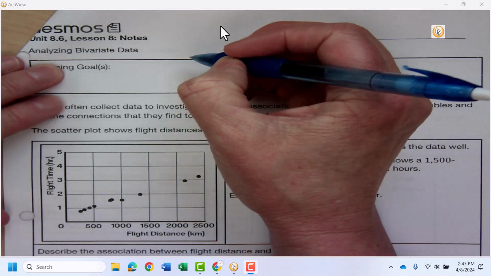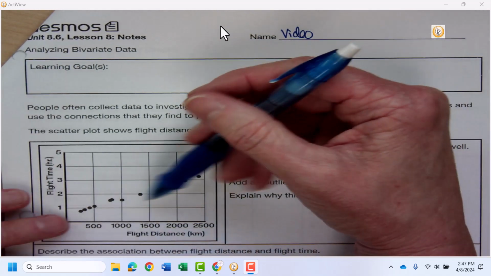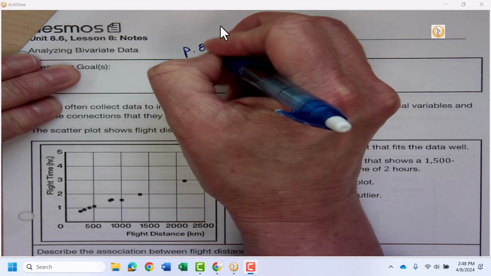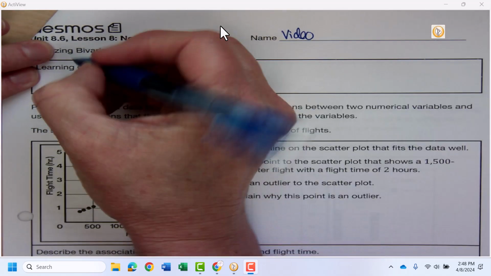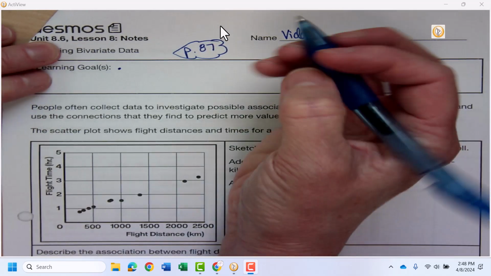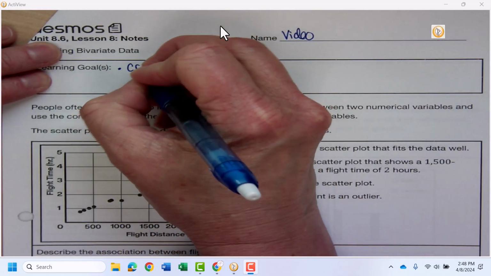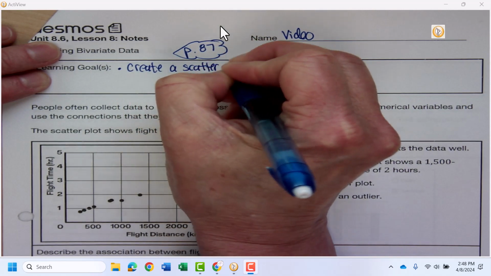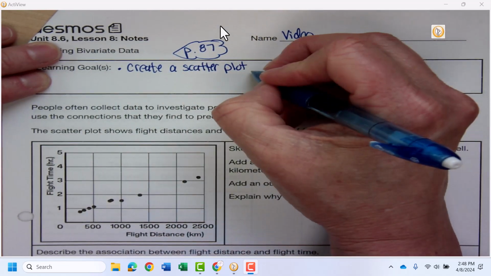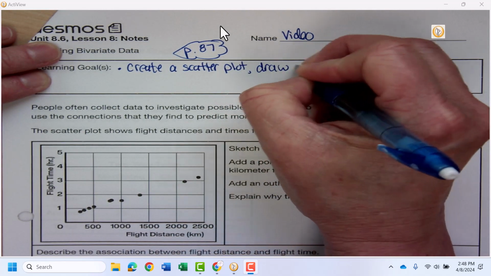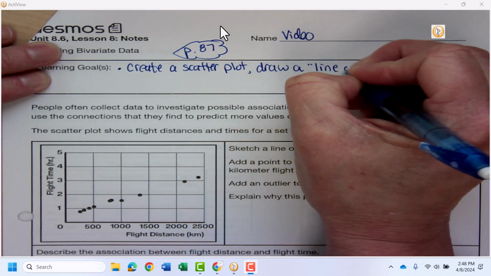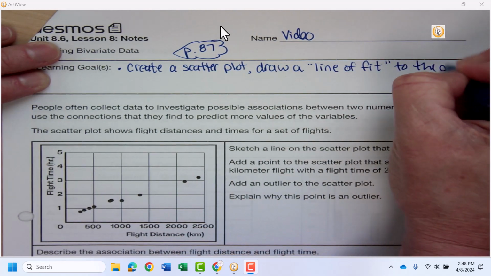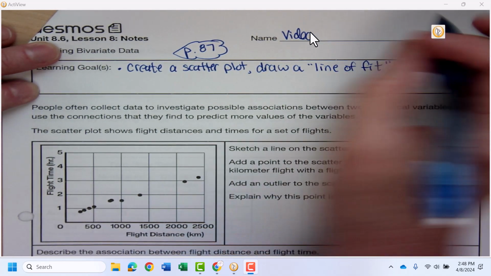We're going to continue today with developing our knowledge of scatter plots a little bit more. In your notebook, you're on page 87. Our learning goals for today start with being able to create a scatter plot, draw a line of fit to the data, and identify outliers.